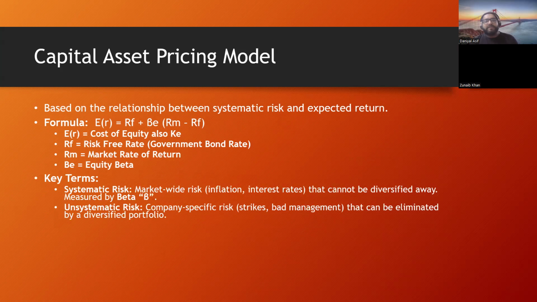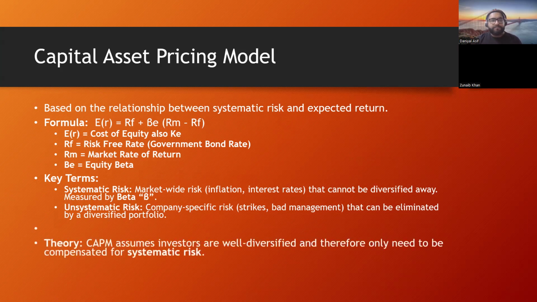Unsystematic risks are the company specific risks, such as strikes, bad management, that can be eliminated or diversified from a portfolio, which means you can divert yourself from that risk. Those are known as unsystematic risks. You can divert away yourself from them, you can hide from them, but you cannot hide from the systematic risks. The theory behind CAPM is it assumes that investors are well diversified and therefore they only need to be compensated for the systematic risk.